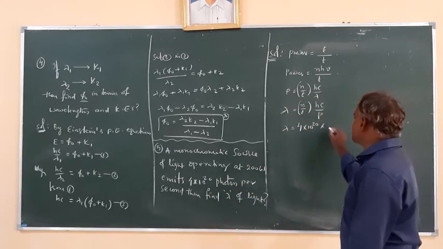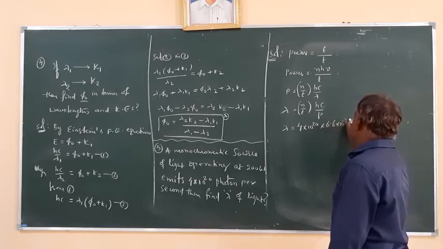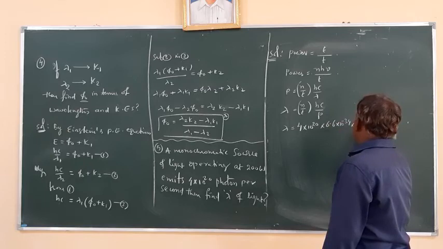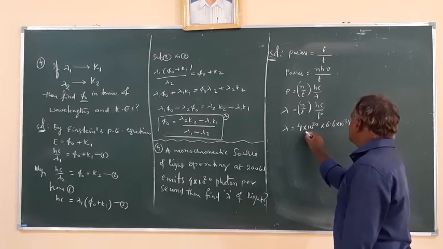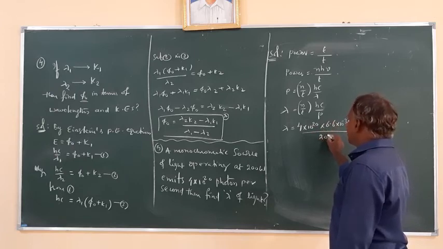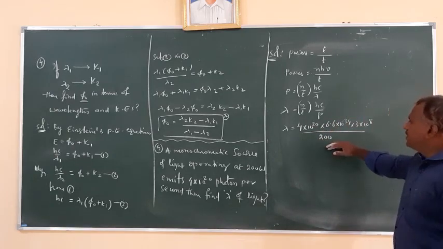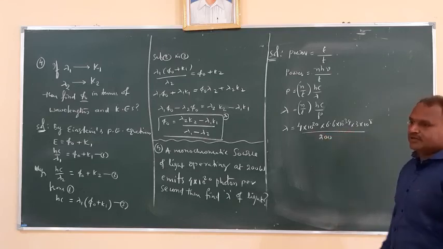H is 6.62 or 6.6 into 10 power minus 34, into 3 into 10 power 8, the velocity of light, divided by power. Power is 200. So this can be calculated, and you get the value of the wavelength.